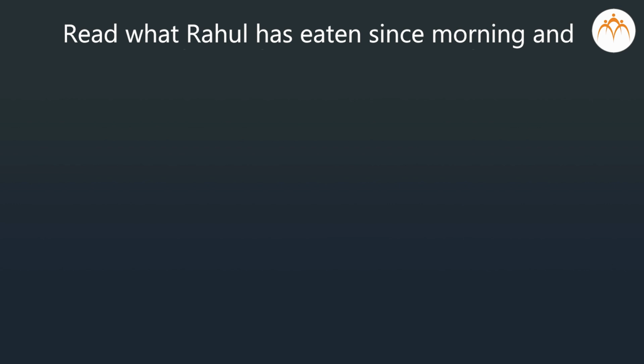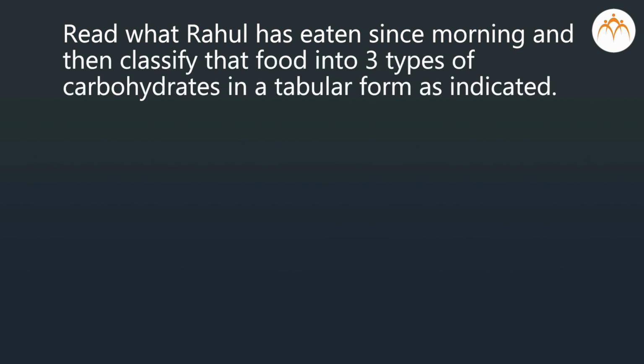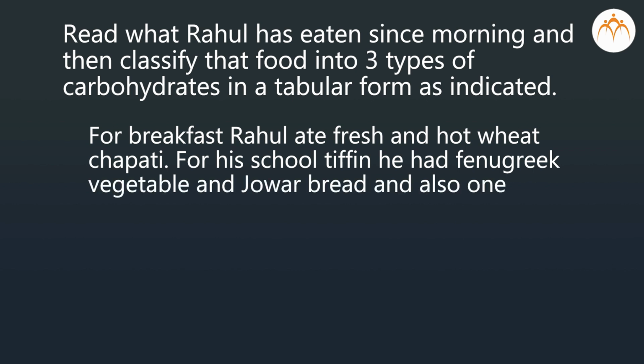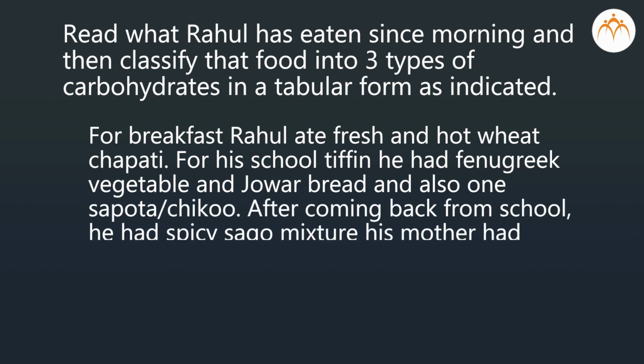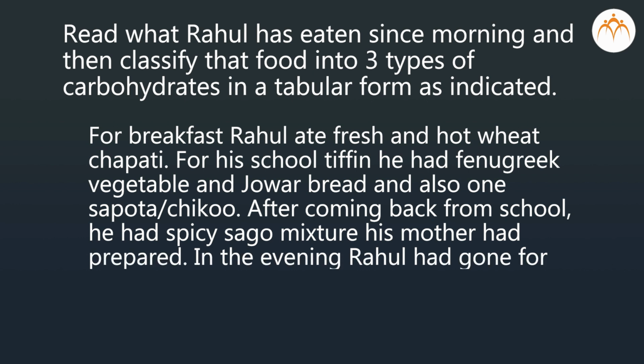Exercise. Read what Rahul has eaten since morning and then classify that food into 3 types of carbohydrates in a tabular form as indicated. For breakfast, Rahul ate fresh and hot wheat chapati. For his school tiffin, he had fenugreek vegetable and jowar bread, and also one sapota or chiku.